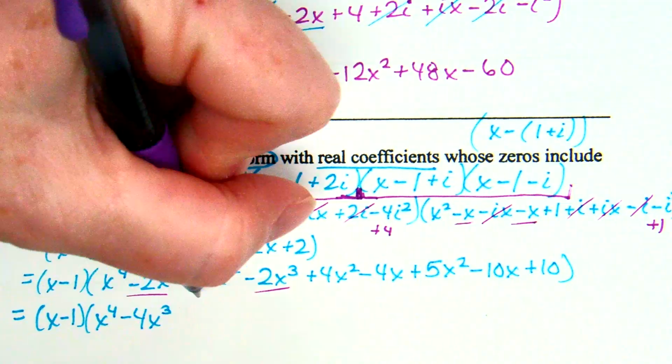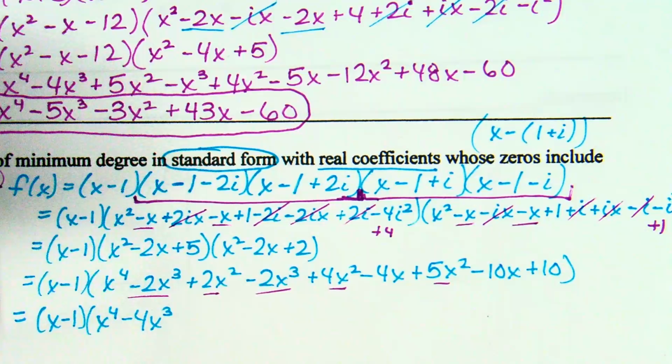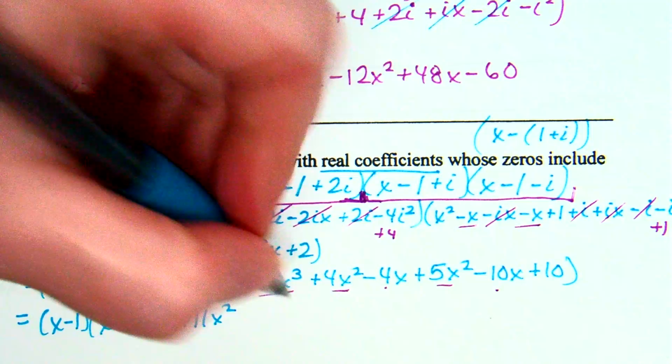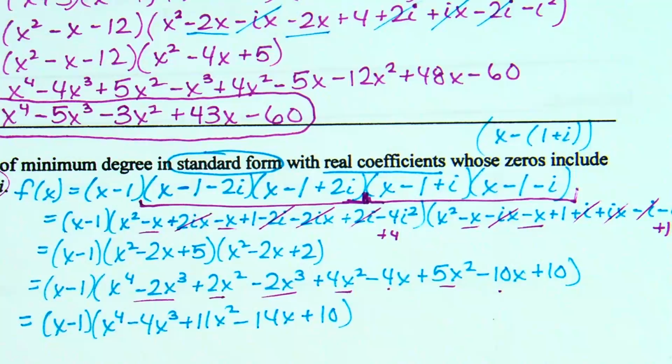Yeah. 6x squared, 2, 4, 5, so 6, 11x squared. Minus 4x minus 10x is going to be minus 14x, and then plus 10. Almost there, really. The easy stuff is left.